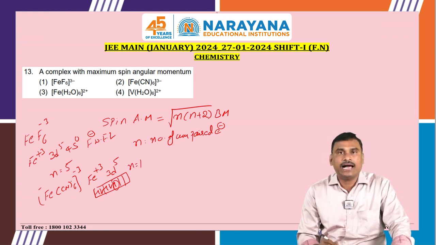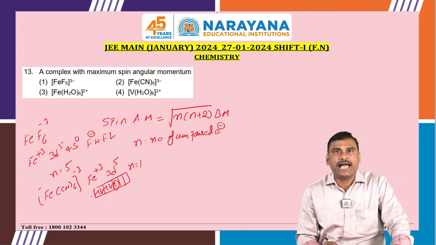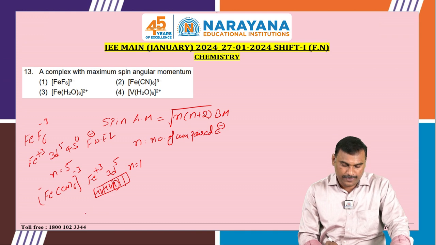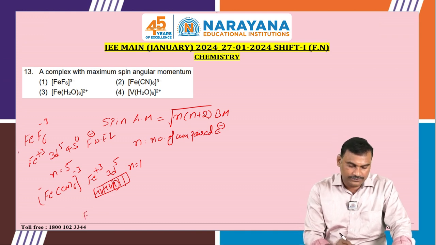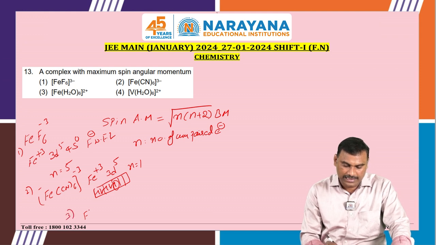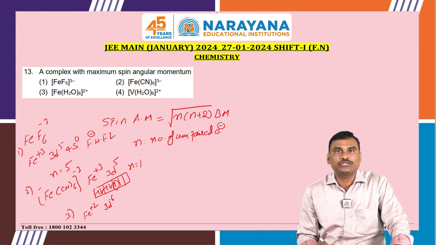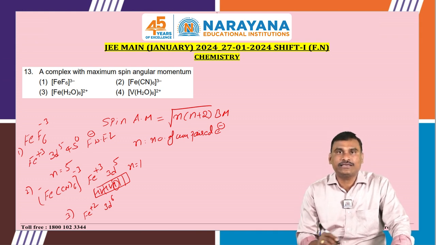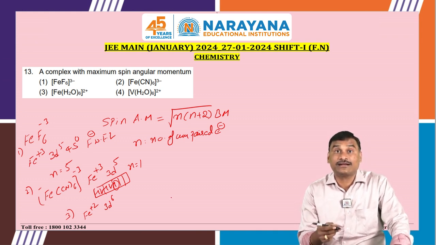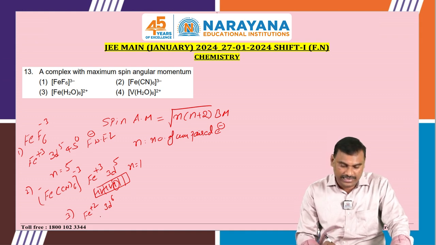If you go for Fe(H2O)6 2 plus, that is hexaaqua iron(II), here iron is plus 2, that is 3d6. Students get the wrong option here, option 3, since there are 6 electrons, but water is a weak field ligand.